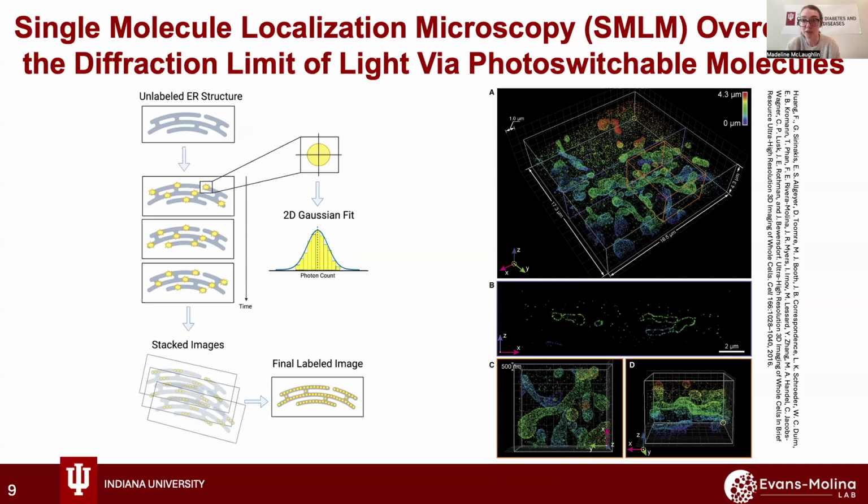So here again, because we're labeling the ER, we chose to use Sec61 beta, which is again an ER protein, and a nanobody. Then a laser excites a subset of those single labeled molecules. The fluorophore will turn on from this excitation, an image is collected, and then it is subsequently turned off via bleaching. This process repeats for X amount of cycles.